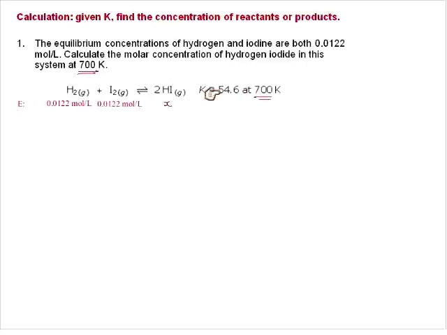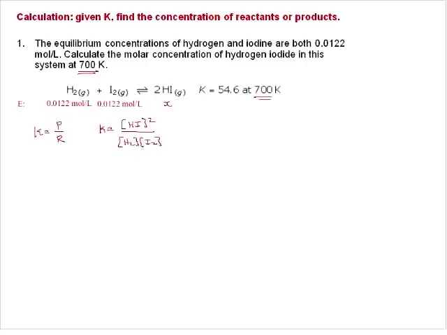It's given to us. So what we're going to do is proceed to do this question again, and we're looking at this and saying, okay, K is going to be products over reactants once again. So we would write the equilibrium expression for K, products over reactants. So it's going to be the hydrogen iodide squared divided by hydrogen times iodine.